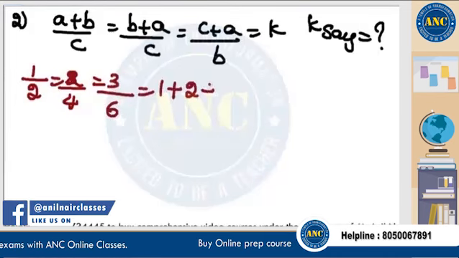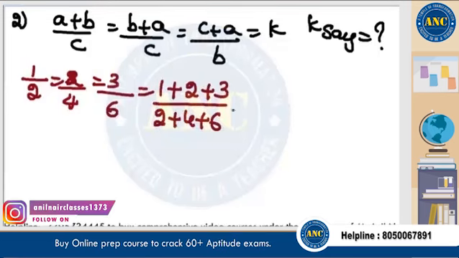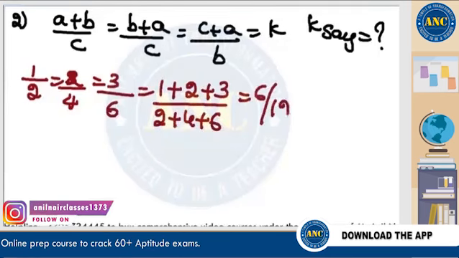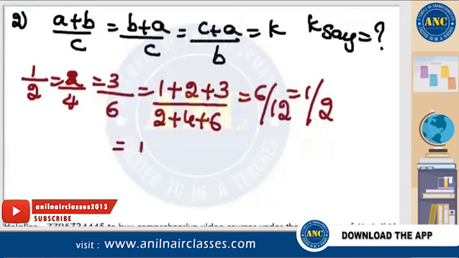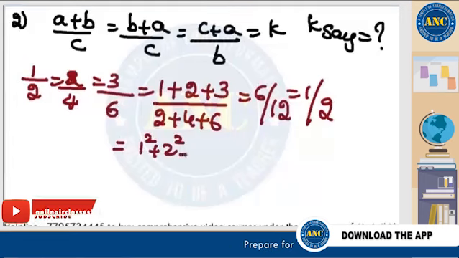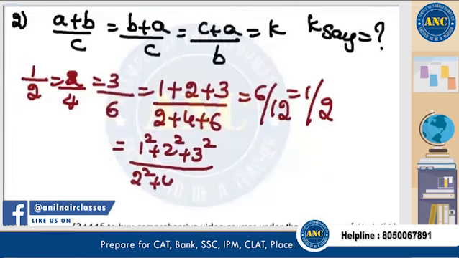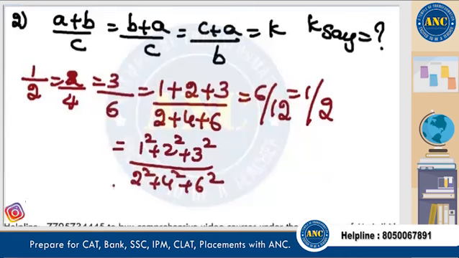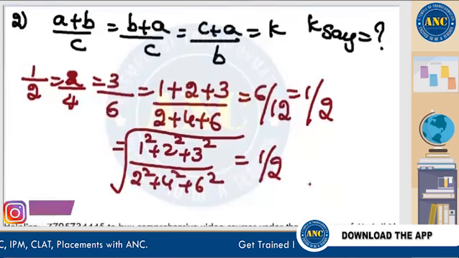It is nothing but the sum of the numerators by the sum of the denominators, which is 6 by 12, which is 1 by 2. It is also nothing but the square root of the sum of the squares of the numerators by the sum of the squares of the denominators. If I take 2 square common, root of 1 by 4 is 1 by 2.